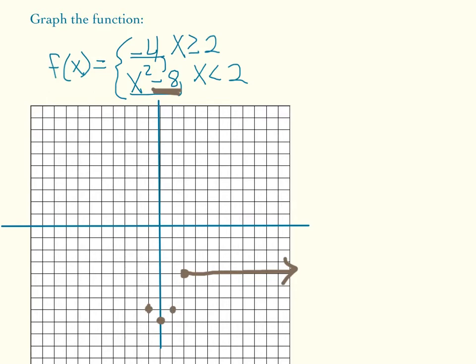When x is 2, we've got this point right here. When x is 2, 2 squared is 4, minus 8 is -4. So our open circle is going to overlap this closed circle. And that's okay. It fits right into itself, so it is still a function. And then it mirrors to this side, and you can just sketch in your parabola and put an arrow to show that it keeps going to the left. And that is what this function looks like.